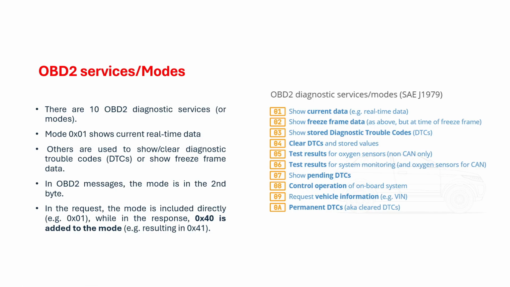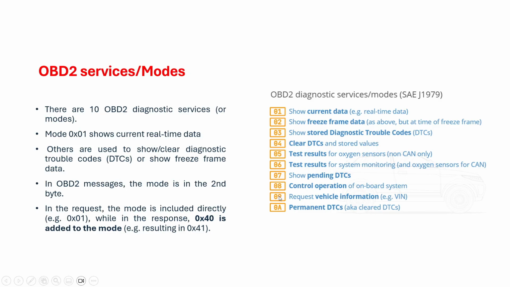That is, if you have a number of trouble codes stored in your system and you are clearing them one by one after repairing, and in midway you want to know what the pending codes are, you can use this service. And 08 is the control operation frame, used to control some operation of the ECU in a particular way. You can write some control action to the ECU by using mode 08.